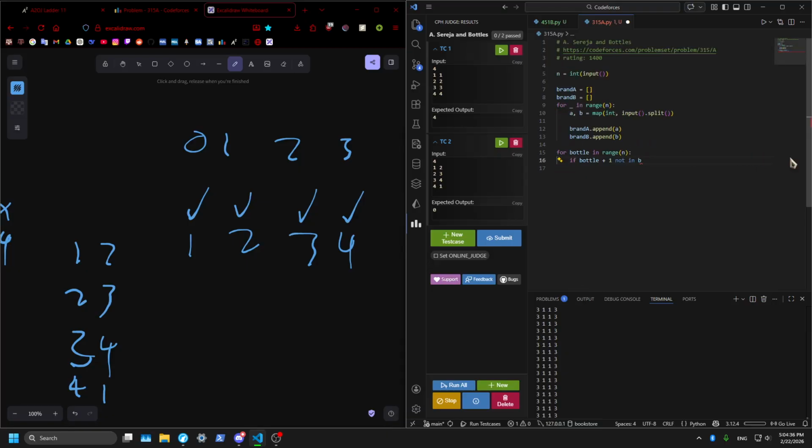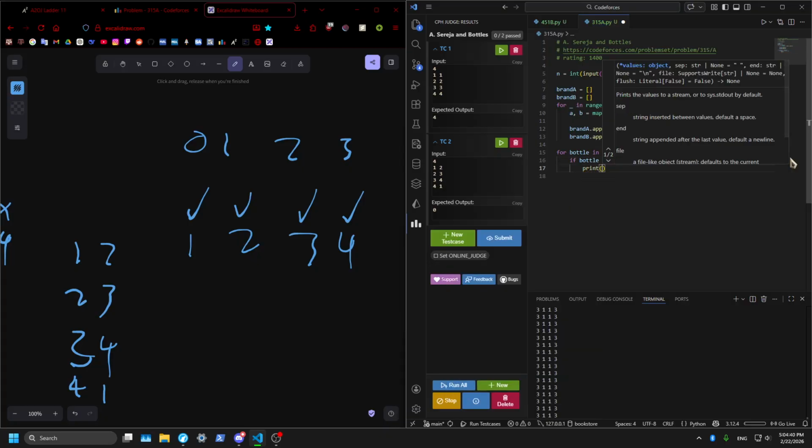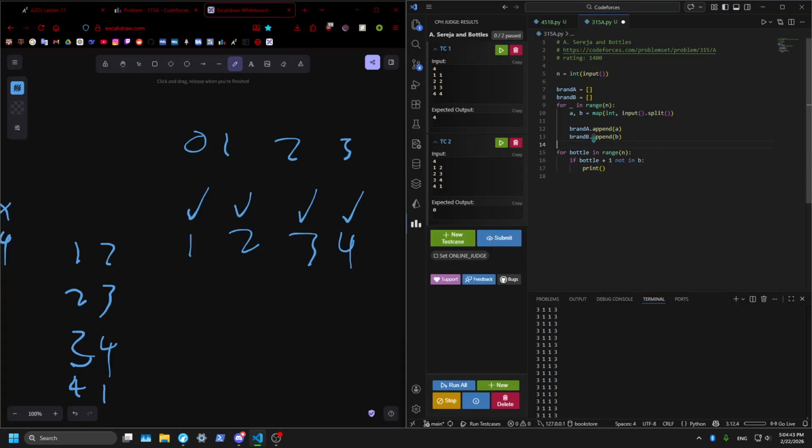Hold on. The bottle plus 1 not in B, to print equals 0 and to print plus equals 1.